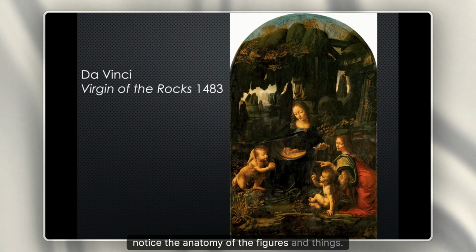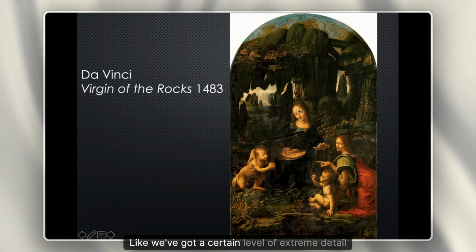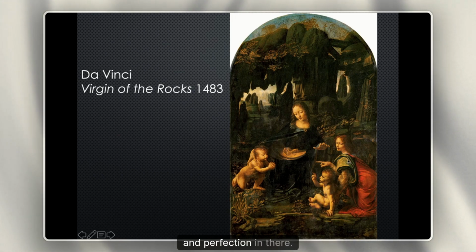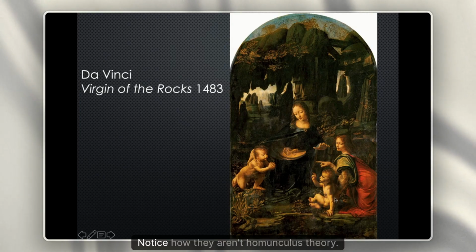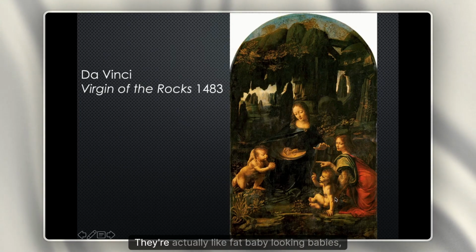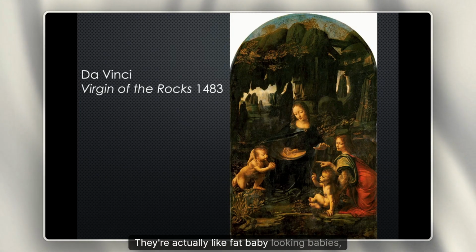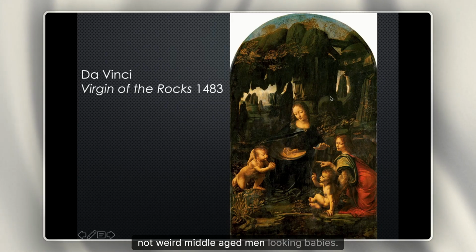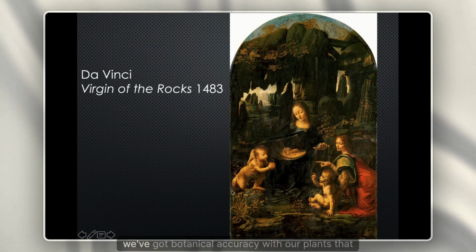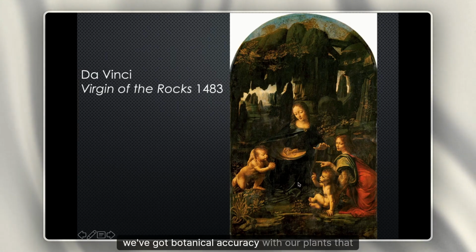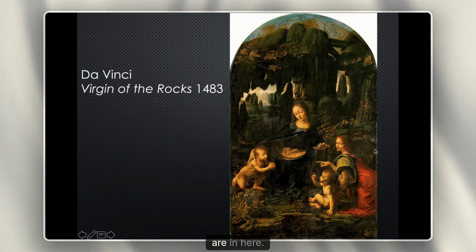Notice the anatomy of the figures. We've got a certain level of extreme detail and perfection in there, right down to the children. Notice how they aren't homunculus theory. They're actually fat baby-looking babies, not weird middle-aged-men-looking babies. We've got anatomical accuracy. We've got botanical accuracy with the plants in here.